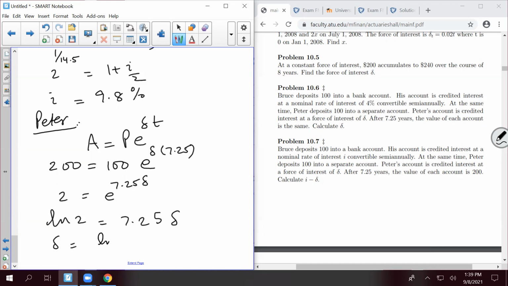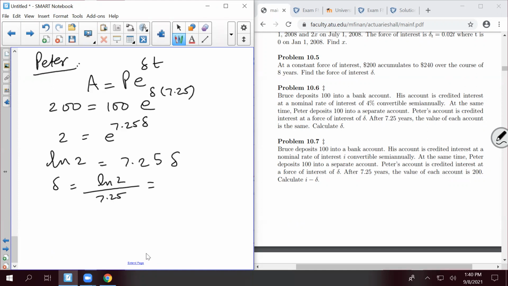Delta is equal to ln 2 divided by 7.25. So 9.56%.